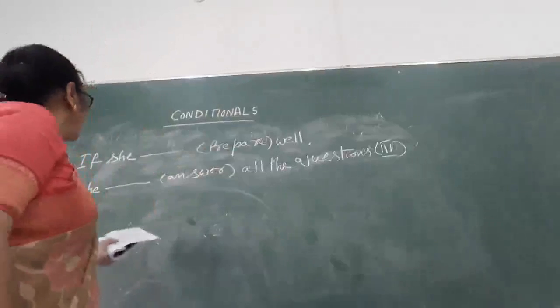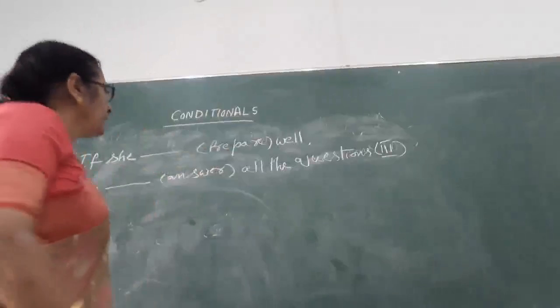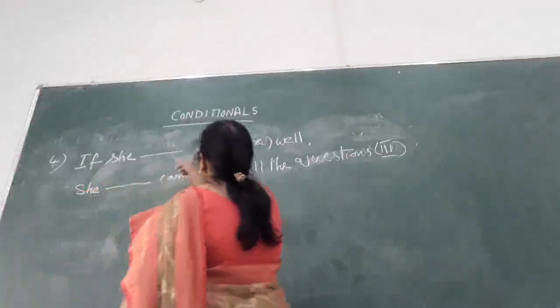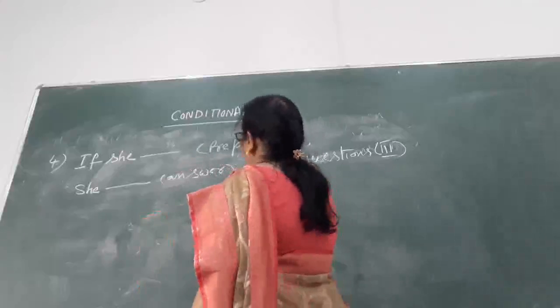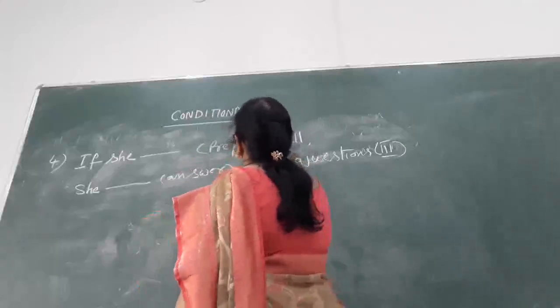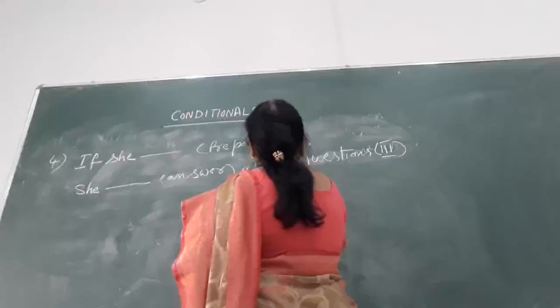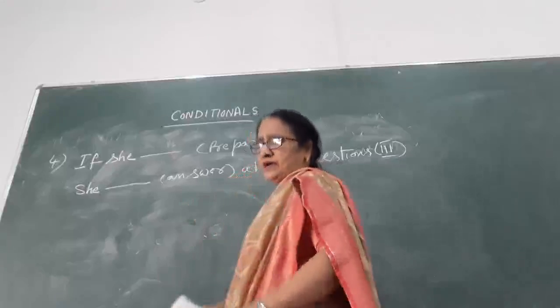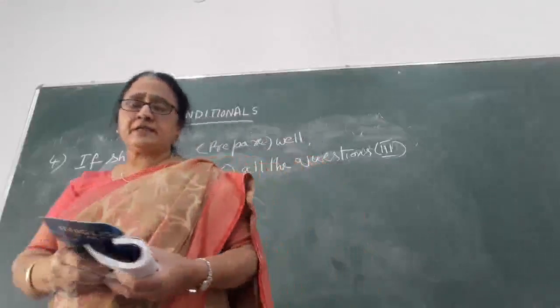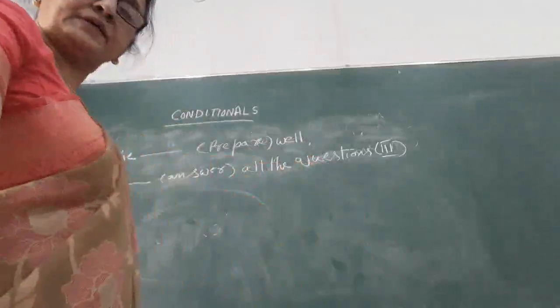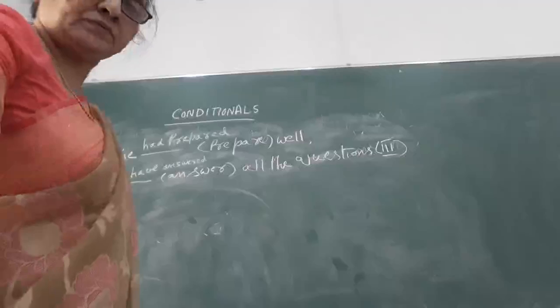Now in the fourth bit, I have written here: if she dash prepared well, she dash answer all the questions. You have to write the third conditional. Third conditional means here I will write.